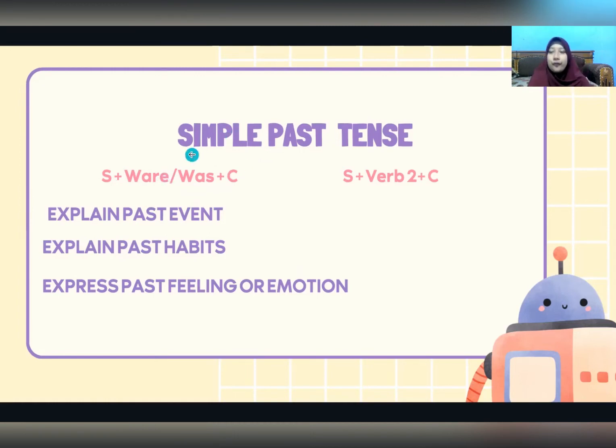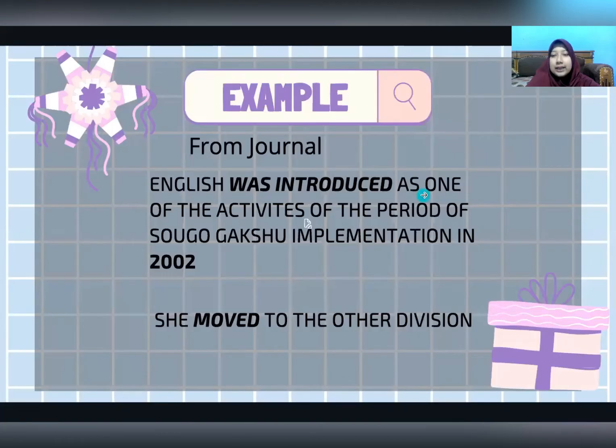So the past tense formula is subject, verb 2, and complement. I have an example from the journal.